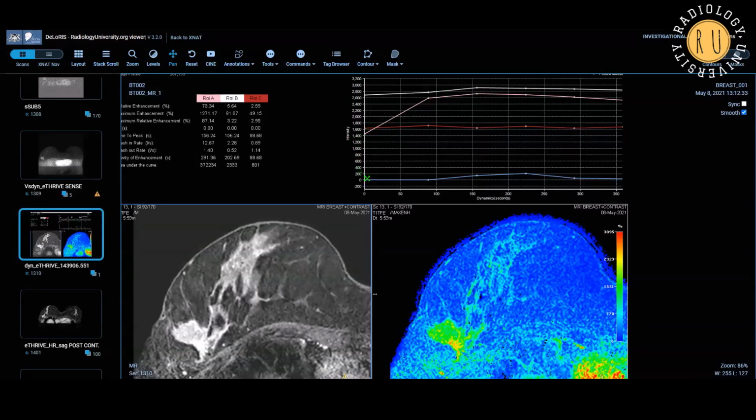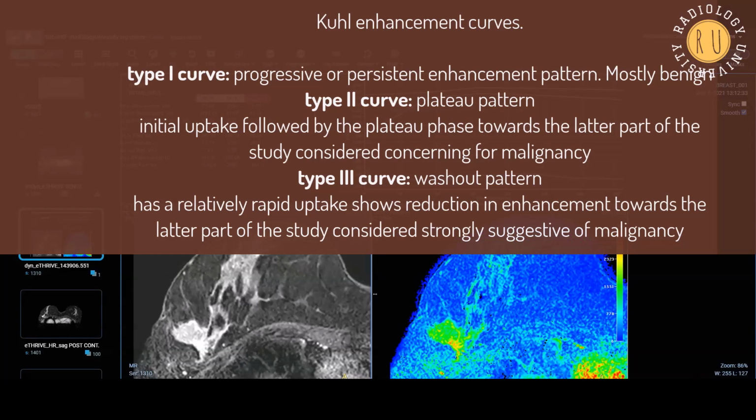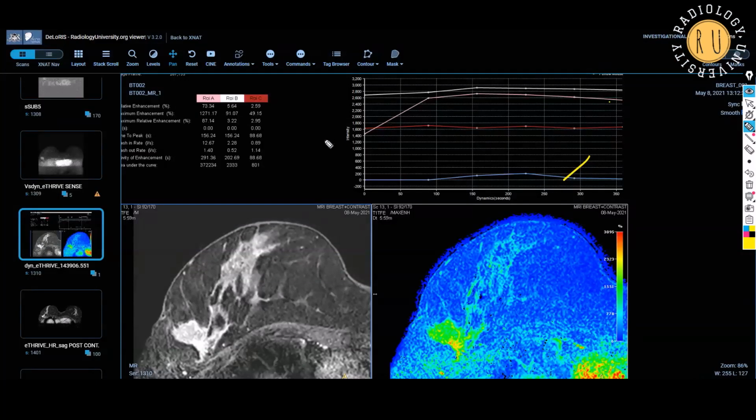So usually, can you see my pen now? Yeah, I see your pointer. So usually when you place it in a tumor, you can have something like this. So that's rapid wash-in and wash-out.